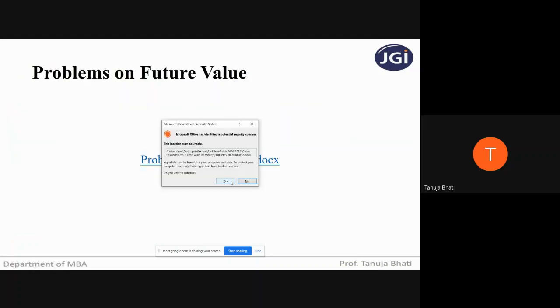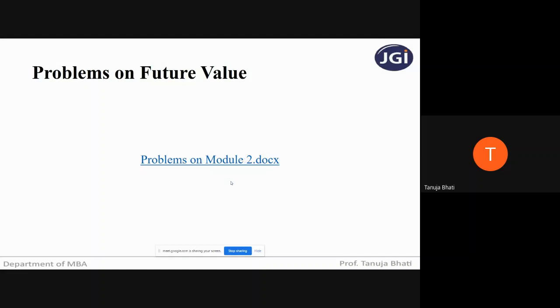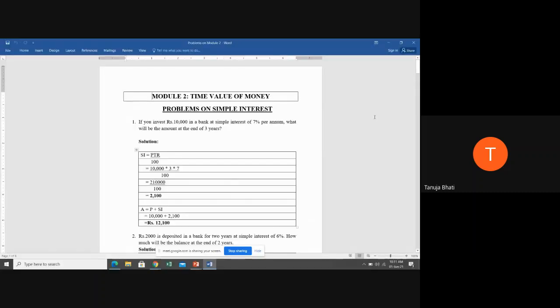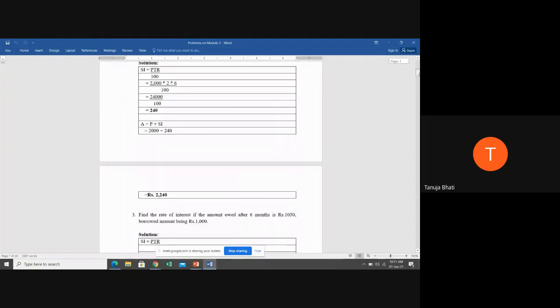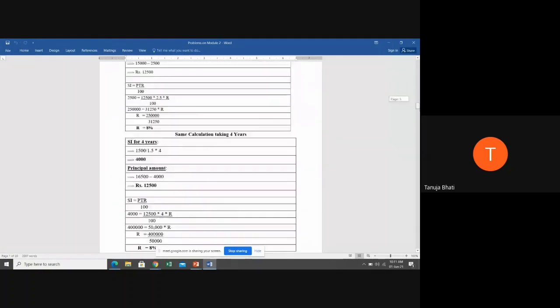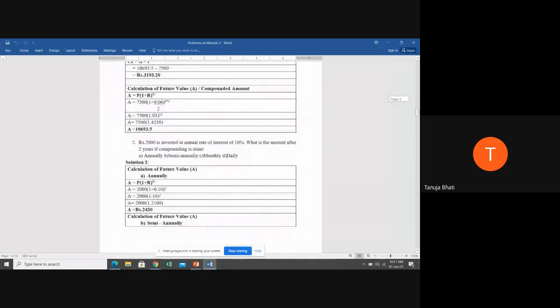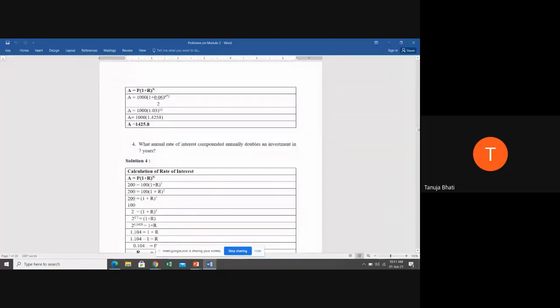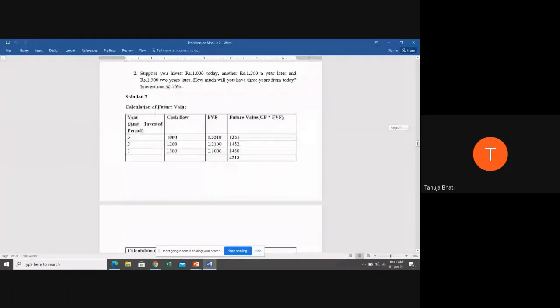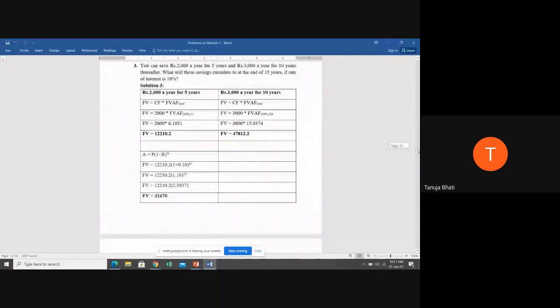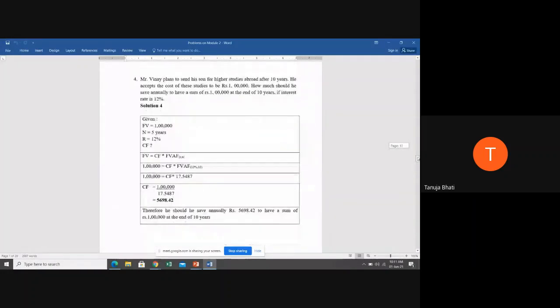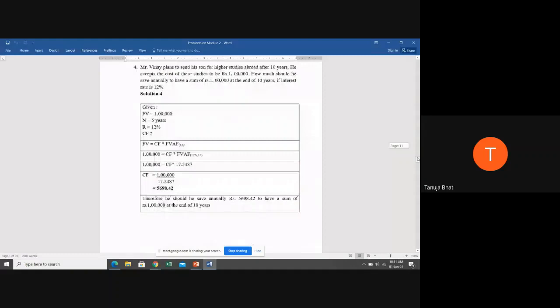Just continuing with the same, let us see. I think in my last class, I had done 3 problems on future value. We had completed 3 problems on future value. Let us move ahead to problem number 4.